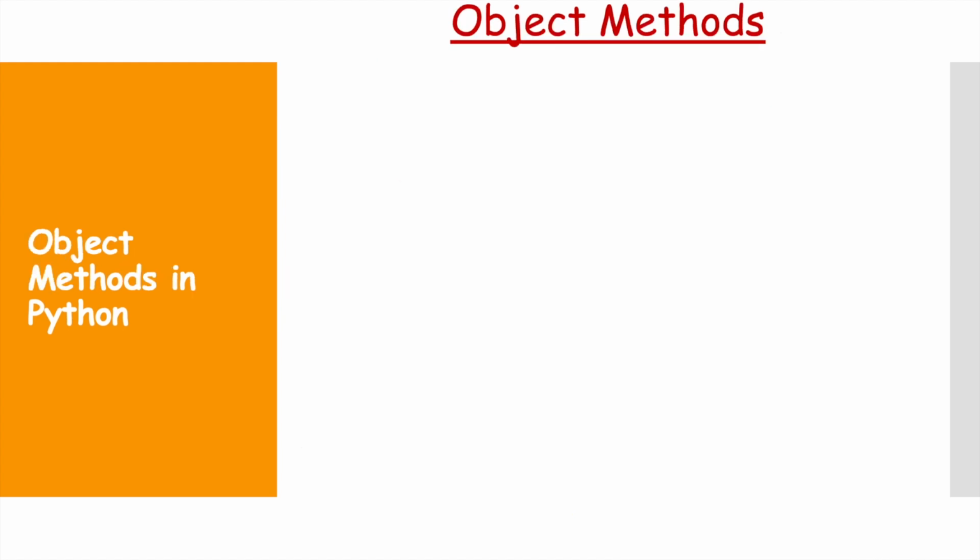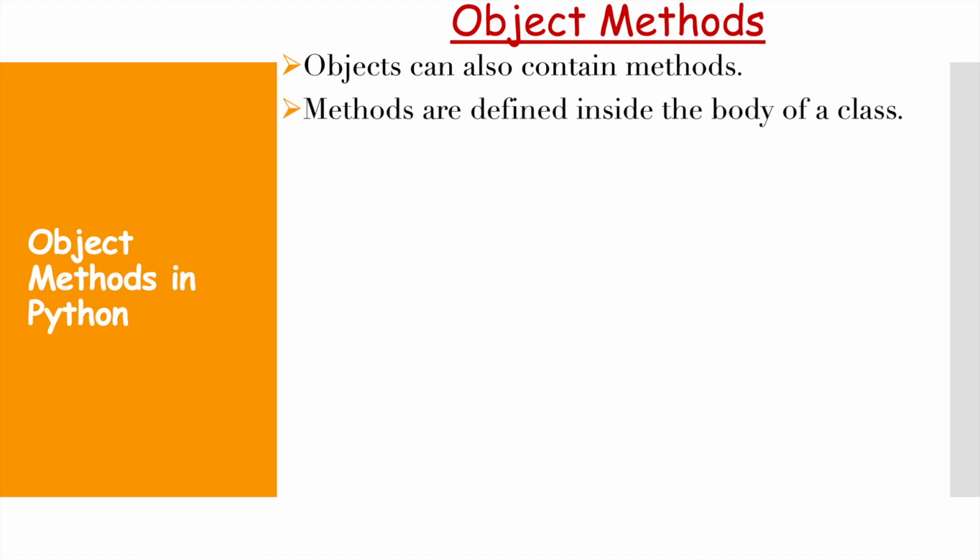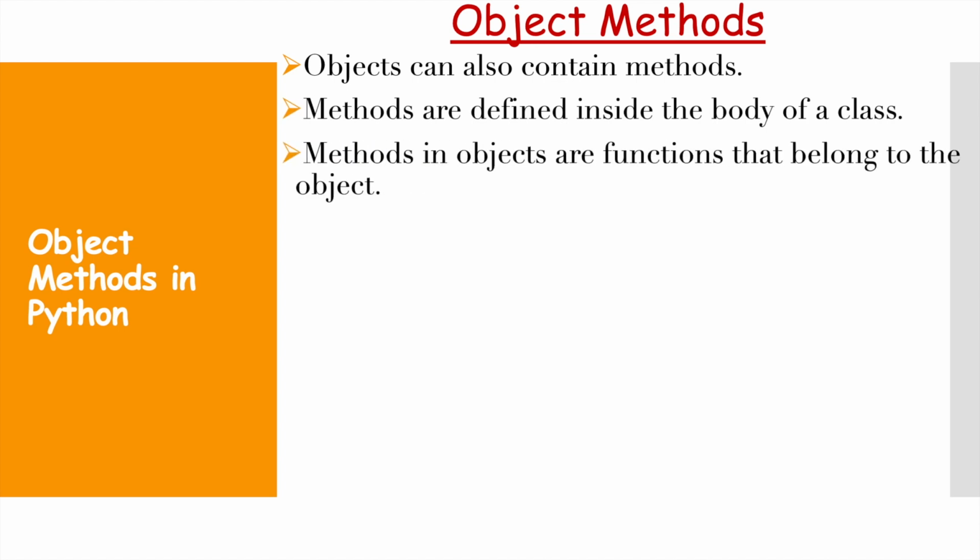Now let's understand what object methods are in Python. Objects can also contain methods, and methods are defined inside the body of a class. Methods in objects are functions that belong to the object and they define the behavior of the objects. So let's understand with the help of an example.